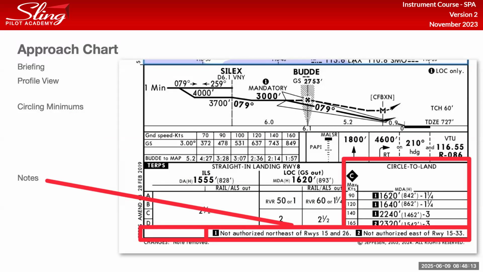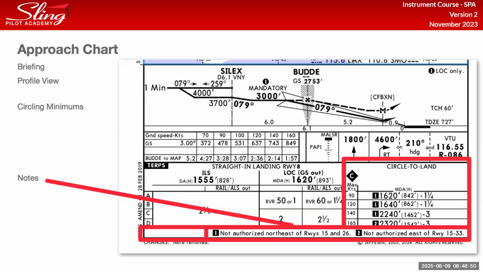It depends on the approach, but let's do the RNAV 17. Here's 17, here's 27 right, and then there's 27 left.